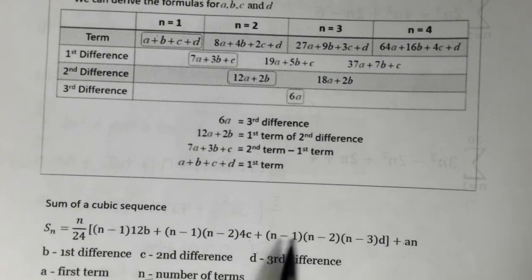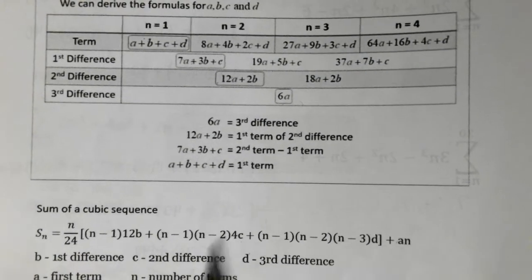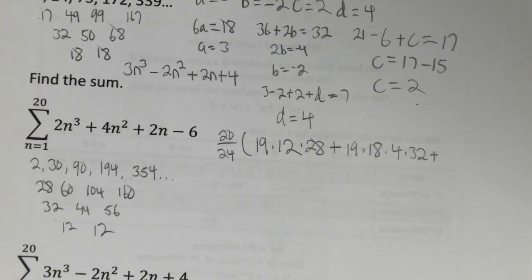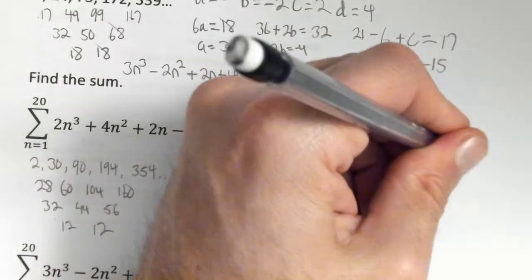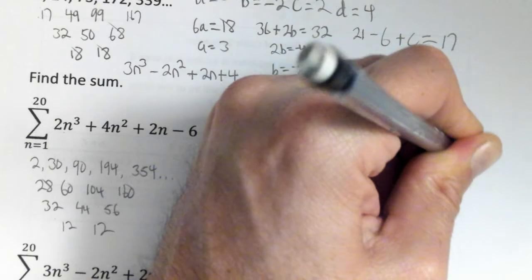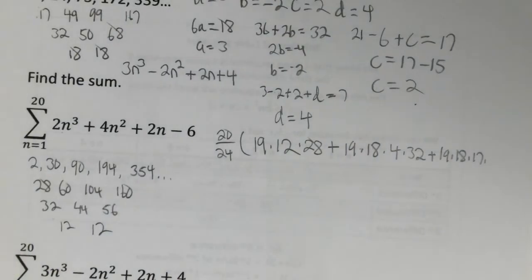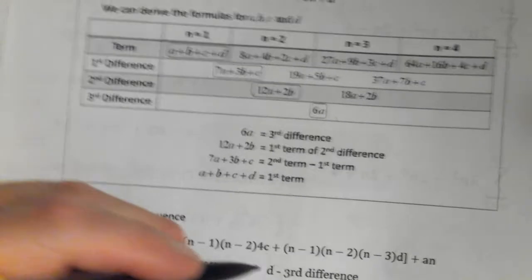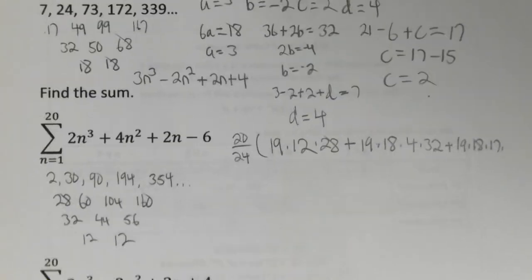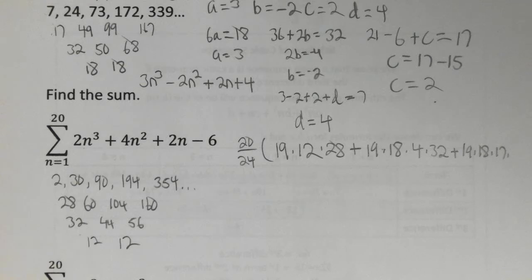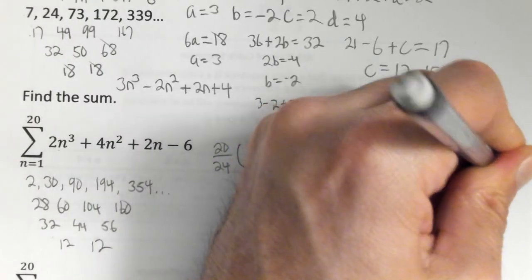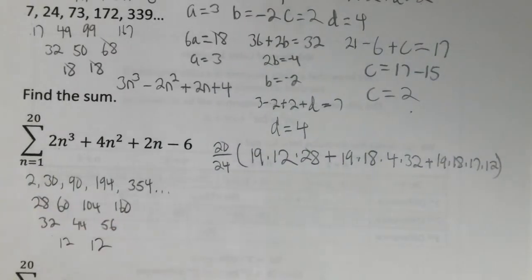And what are we going to be adding here? n minus 1 times n minus 2 times n minus 3 times d. And so that's going to be 19 times 18 times 17 times, and d stands for the third difference, which is going to be, let's see, 12 in this case. So all of that stuff gets multiplied together.